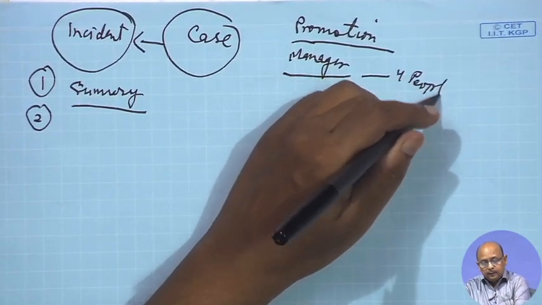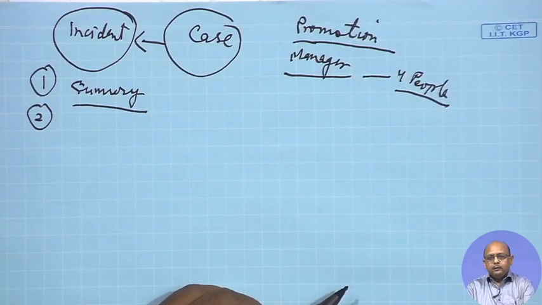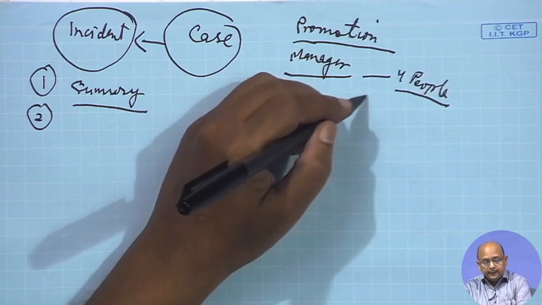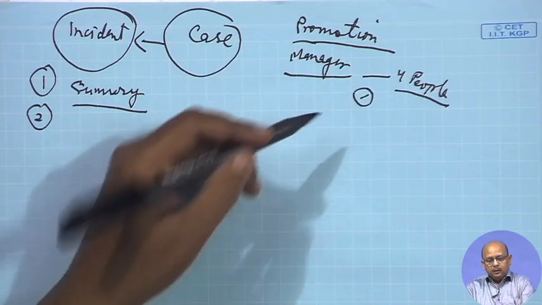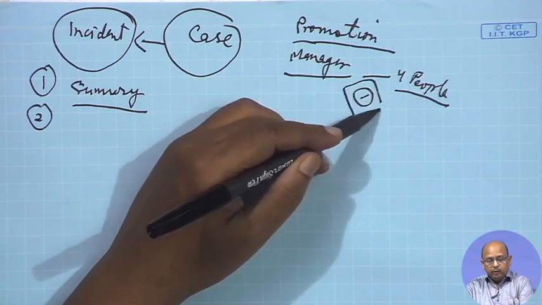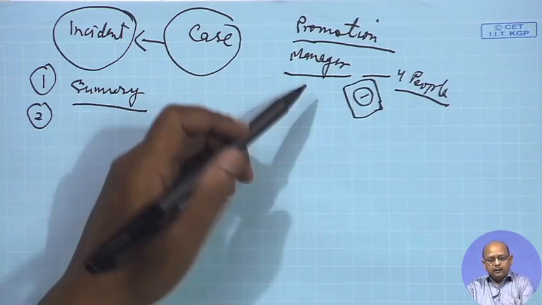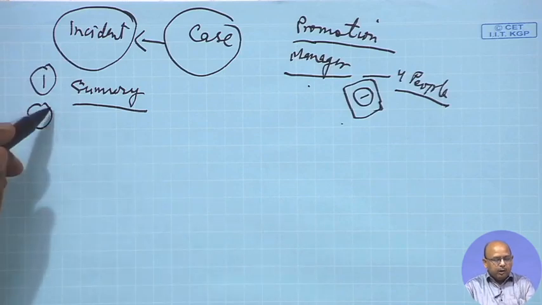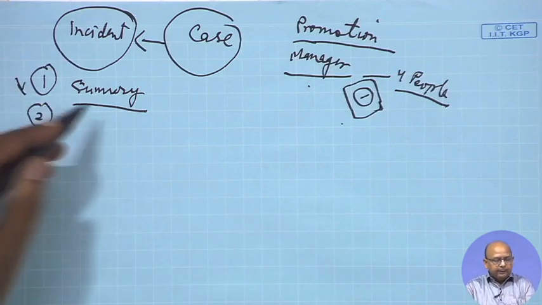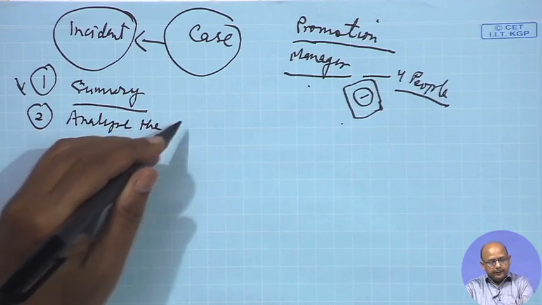He has all the information about these 4 people and has selected one person out of them. Now, when you are given this case as an HR student, you have to see whether the manager has made the right selection or not, or what other options he could have had. So, first you provide a summary, then you analyze the problems related to the case.